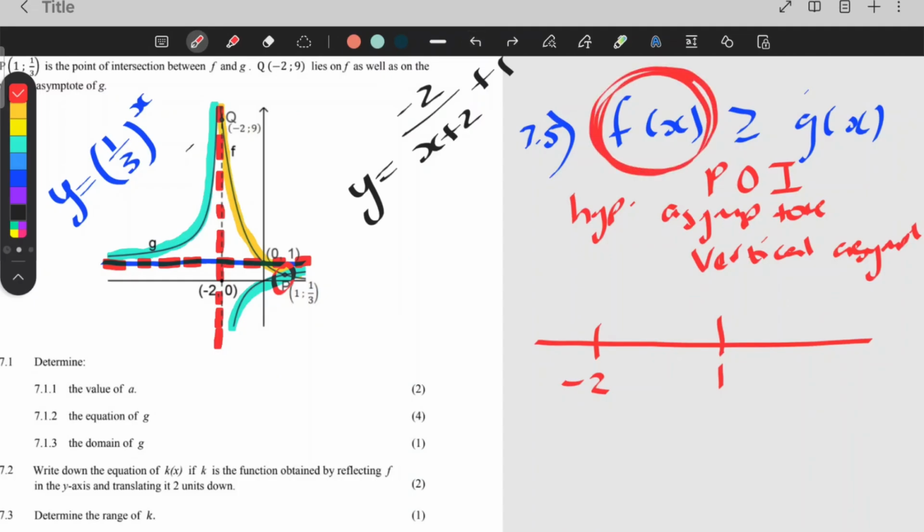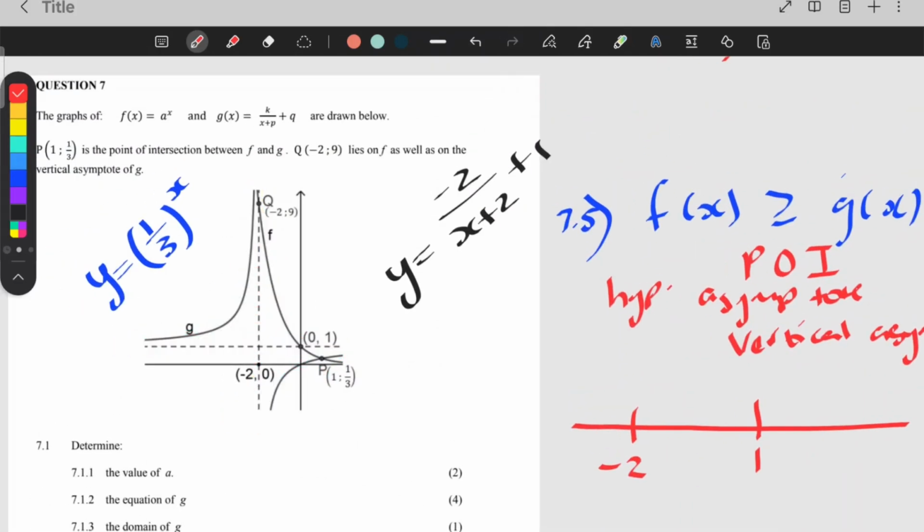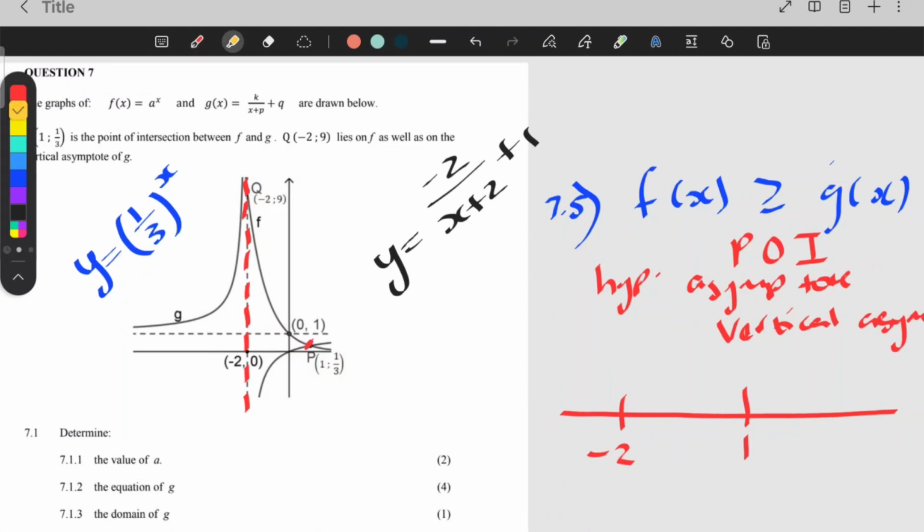We are highlighting the first graph, so we are highlighting f of x. There is the asymptote, and there's the point of intersection. Okay, I'm highlighting the exponential function. So the exponential function is here.